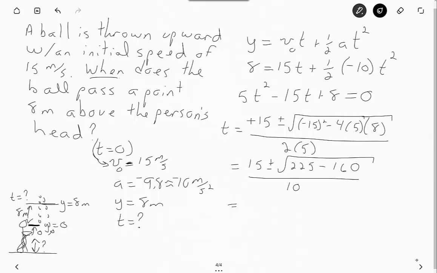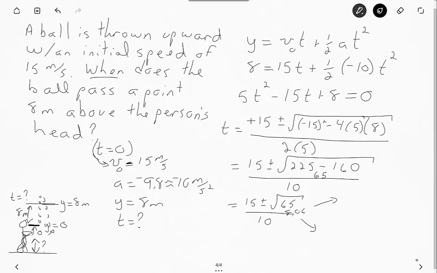225 minus 160 is 65. So we have 15 plus or minus the square root of 65, over 10. We again will end up with two possible answers here. The square root of 65 is 8.06.